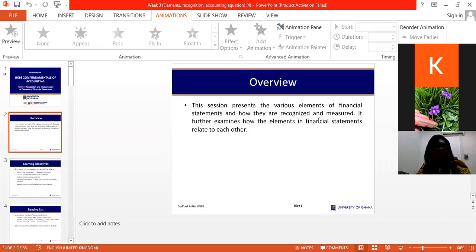In basic terms, I told you that it is the end product of the financial activities or transactions that have taken place over the period. Okay, it is a number of reports put together. These are the end products of the accounting process.